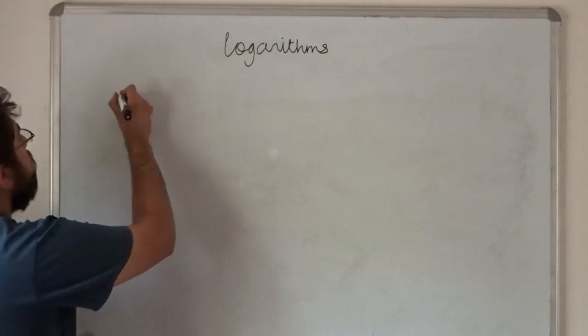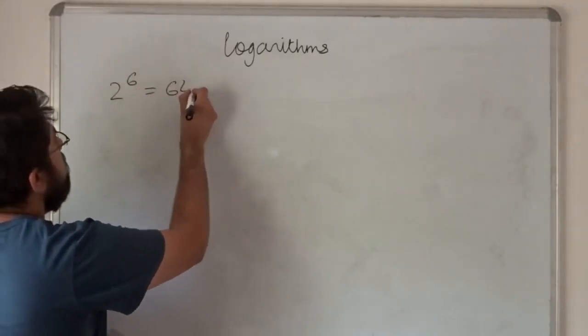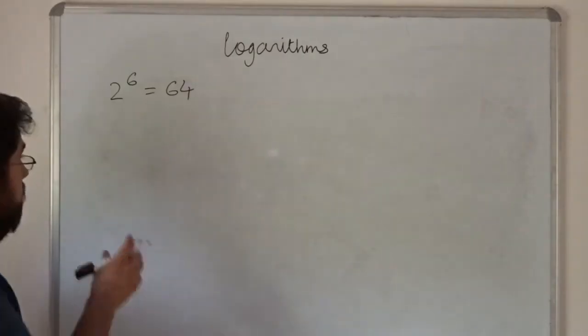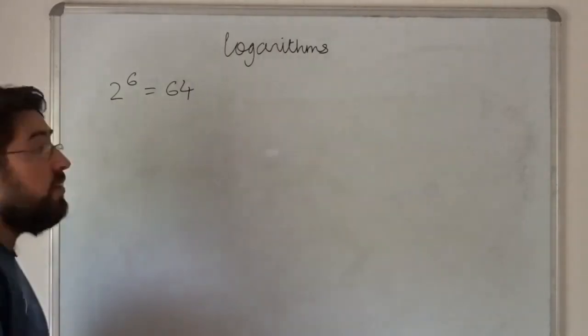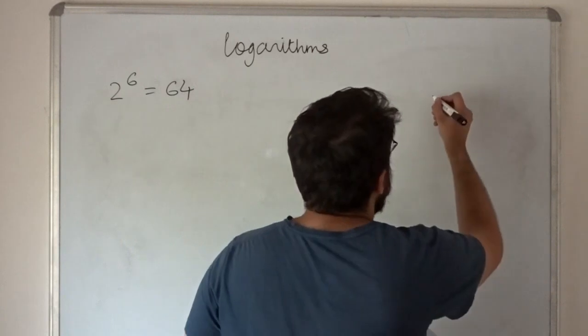So you have 2 to the power 6 equals 64. As I write the questions, just work out the ones I put on the board, and then I'll tell you the answers.